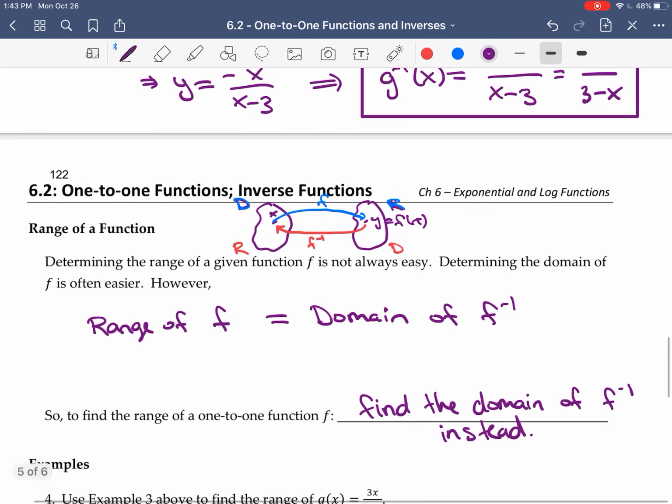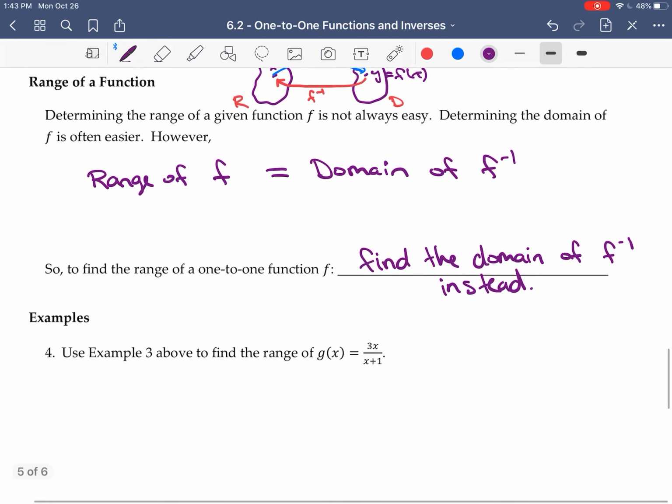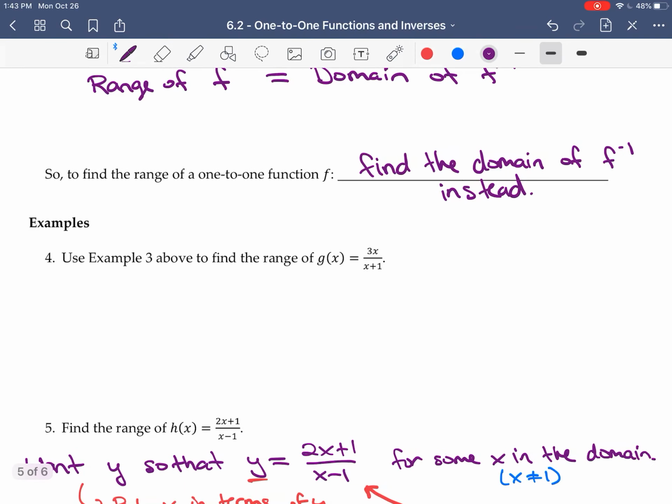Okay, so when we did example 3 just now, let me just rewrite it. So g inverse of x was negative x over x minus 3.